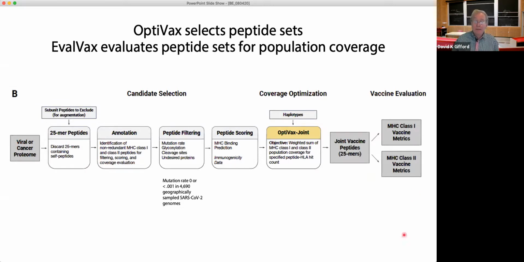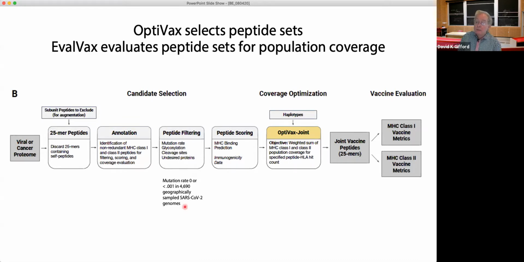And our pipeline considers, in this particular case, 25-mers as peptides that we're going to present as part of the vaccine. We identify within all those 25-mers any self-peptides and eliminate those to avoid any kind of introduction of autoimmune response. We parse out all of the possible class 1 and class 2 peptides for consideration.